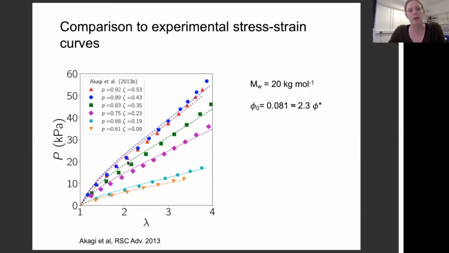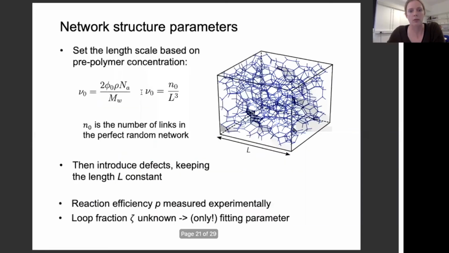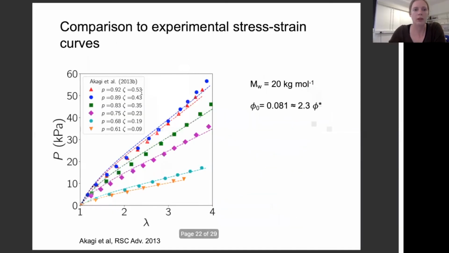Each dashed line was obtained by fitting the loop fraction. We had to adjust the loop fraction with the p value to get a good fit, so it was not possible to fit all these curves with a single value of the loop fraction. Here we had to actually decrease the loop fraction as the p value decreases.